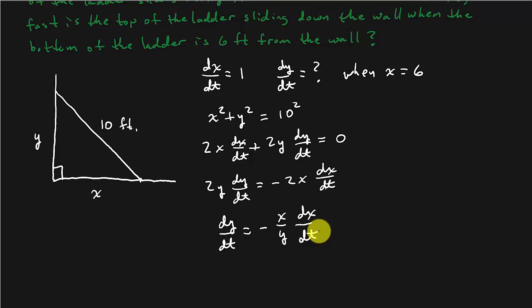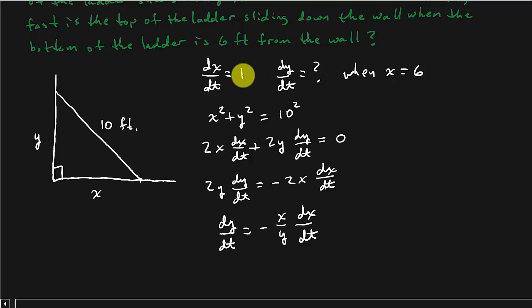Now let's see what we've got. We've solved for dy/dt. Now we need to plug in x, which is 6, and dx/dt, which is 1. But then we've got y. We don't have y up here, do we?